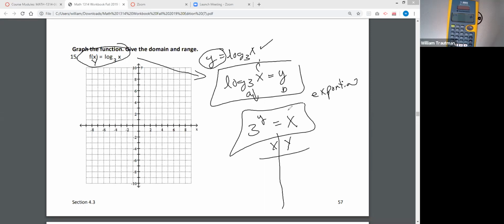Now, normally you would plug numbers into x and find y, but I think it's easier to plug numbers into y and find x. If y equals 0, here's y. If I put a 0 in there, what does 3 to the 0 power equal?